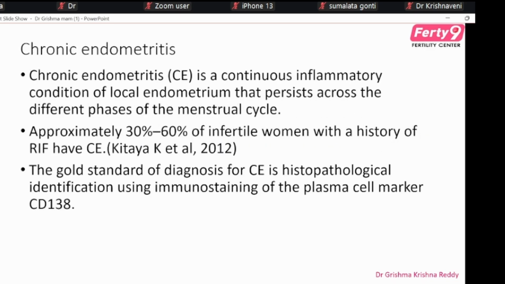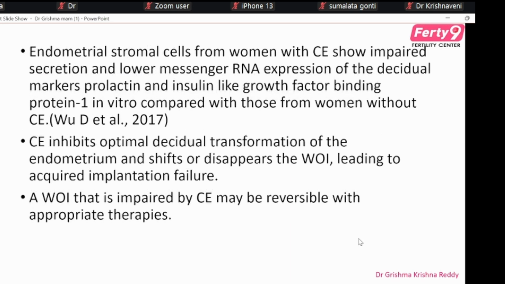Then chronic endometritis, a chronic inflammatory condition. Approximately 30 to 60% of infertile women with a history of RIF have endometritis. We have to do CD138 staining for endometritis. The window of implantation is impaired by chronic endometritis, but it is reversible after you treat the endometritis with appropriate antibiotics.